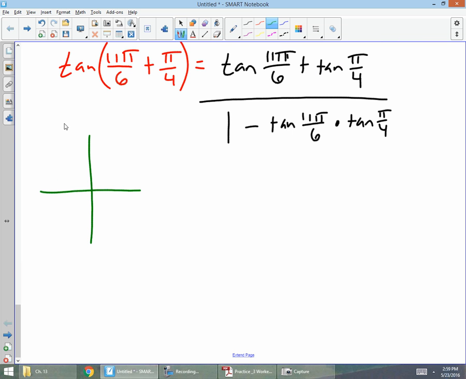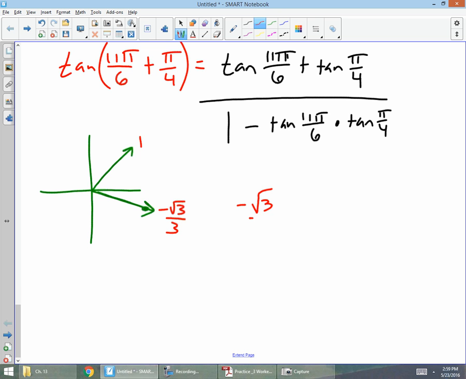Okay, so let's draw our unit circle. 11 pi over 6 right there, and pi over 4 right there. So let's think tangents now. Not very steep and negative, and just normal, medium, and it's 1 and it's positive.